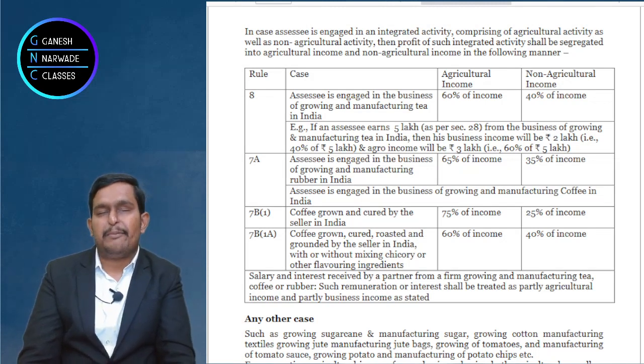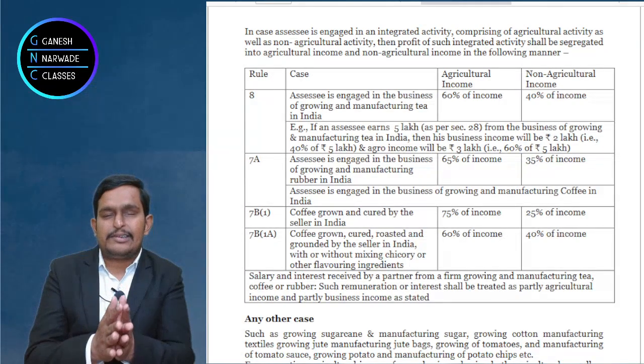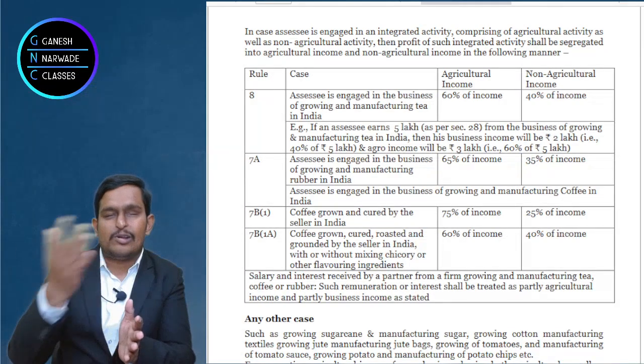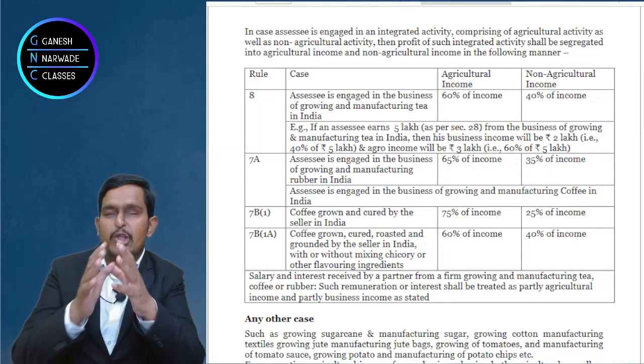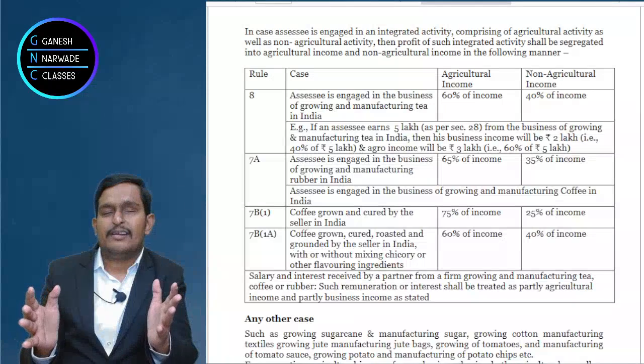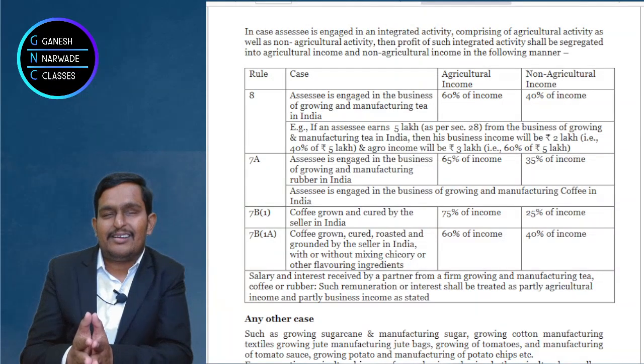Now this is about only the 3 products, tea, coffee, rubber. But there may be many other products like sugarcane. Sugarcane, what you are doing? You are converting sugarcane to jaggery, sugar, right? Or you may be doing the same with many products. With corn you are creating cornflakes.